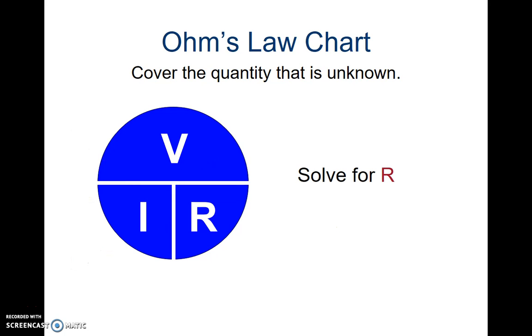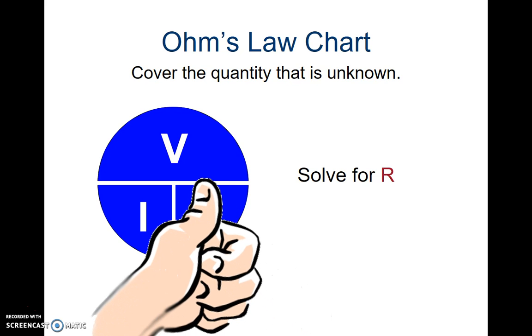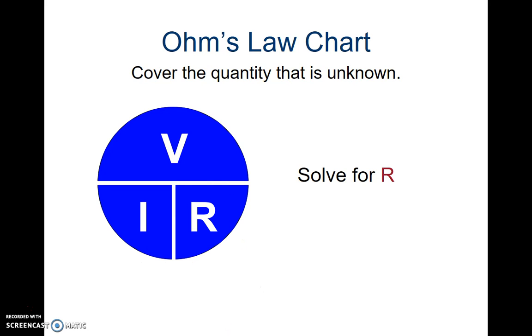And last but not least, if you put your thumb over R, it gives you V over I, voltage over current, which is how you solve for resistance. Go ahead and draw this down. It's super helpful.